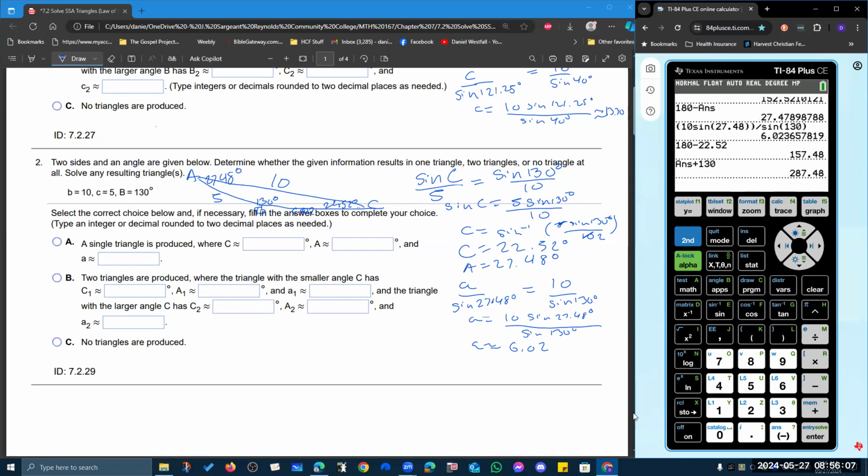So there's one triangle here where angle C is 22.52 and angle A is 27.48 and side A is 6.02.